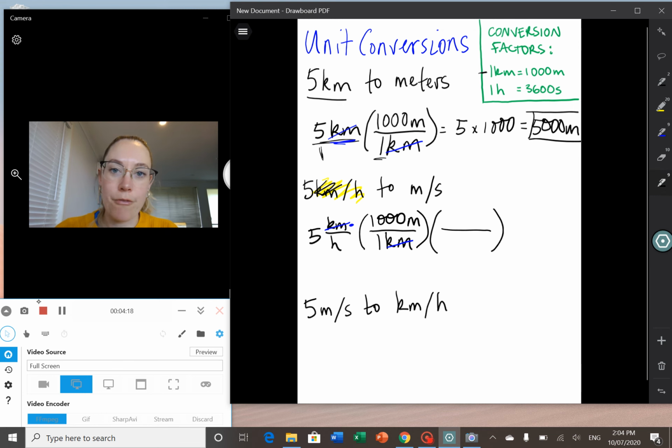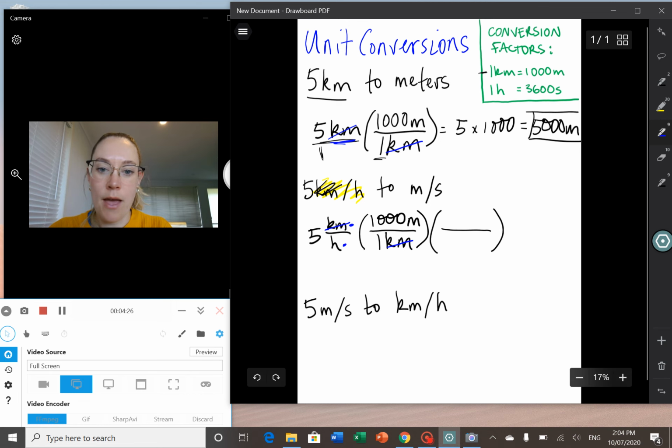My conversion factor for hours to seconds is 1 hour is 3,600 seconds. In order to cancel out my hours unit of measurement here, the hours actually needs to go as the numerator in this fraction. So 1 hour is on top, which means 3,600 seconds is my denominator there. So this hour cancels out with this hour, which leaves me with metres per second, which is what I'm trying to convert to.